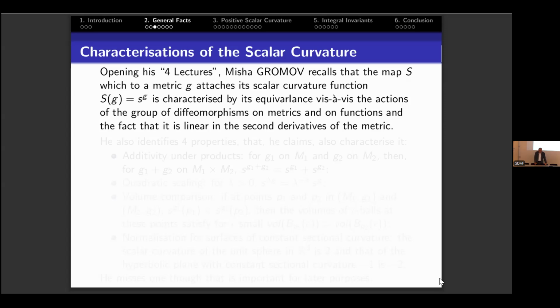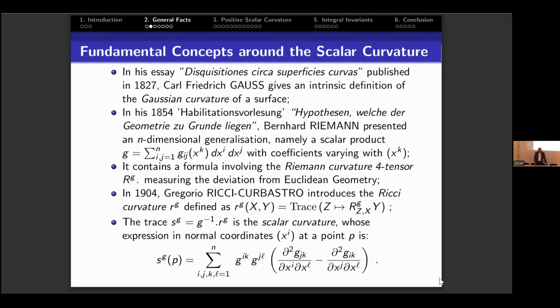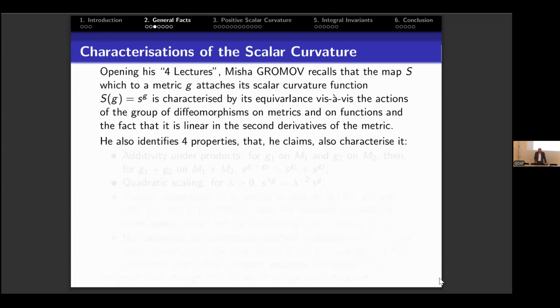And then also, as you've seen, if you remember the formula I showed you, it's linear in the second order derivatives of the metric. Okay, but then there are 4 more properties that he claims characterize it. I think he missed one, as I will mention later, and forget about that.